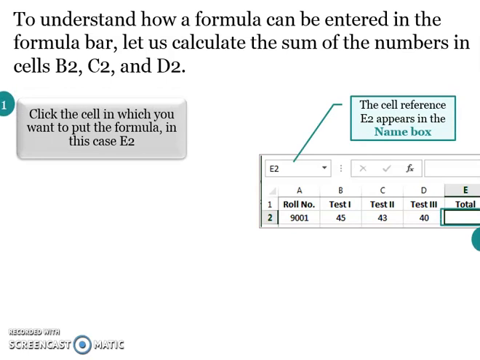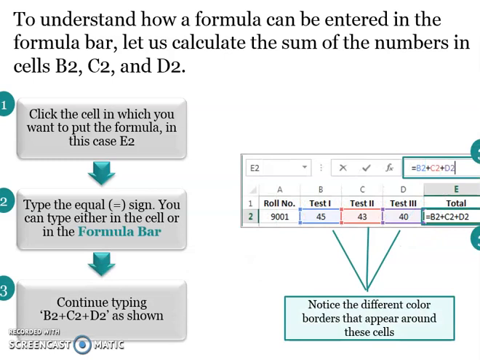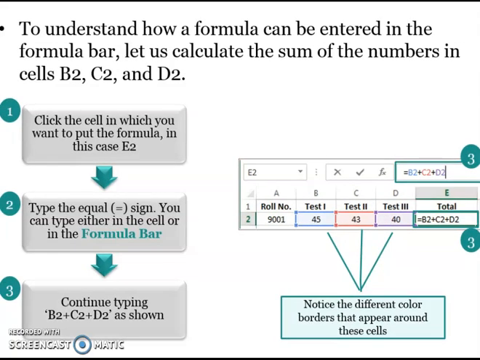To understand how a formula is entered, I have taken some values in B2, C2 and D2, and I want to add these values and show the result in E2. Firstly I will select the E2 cell, then I will enter the cell references and the operators, and before entering this I will enter the equal sign.